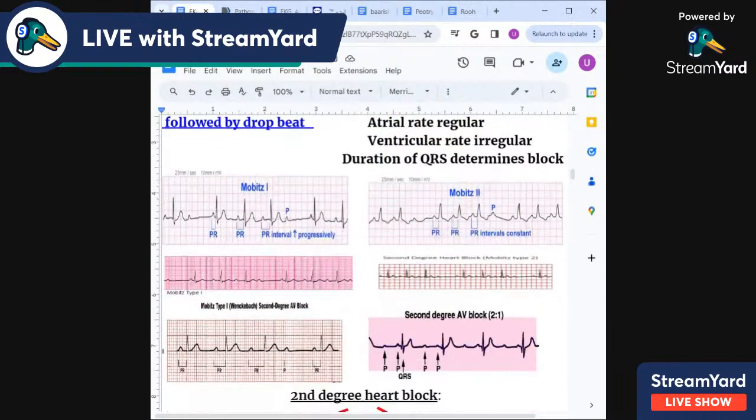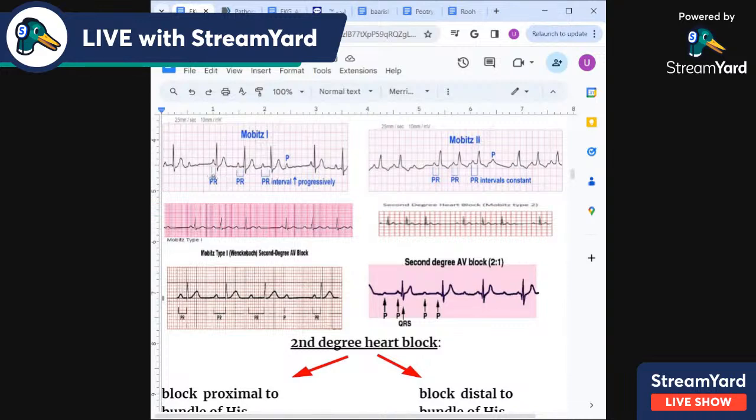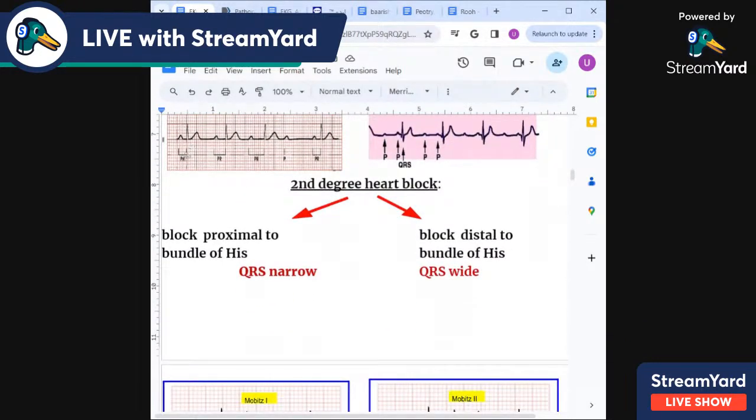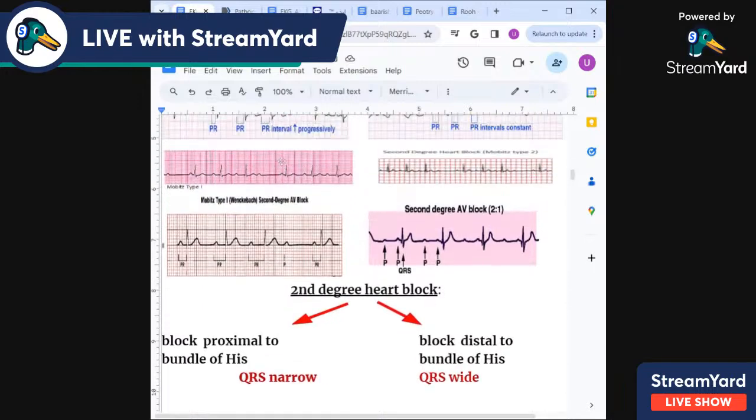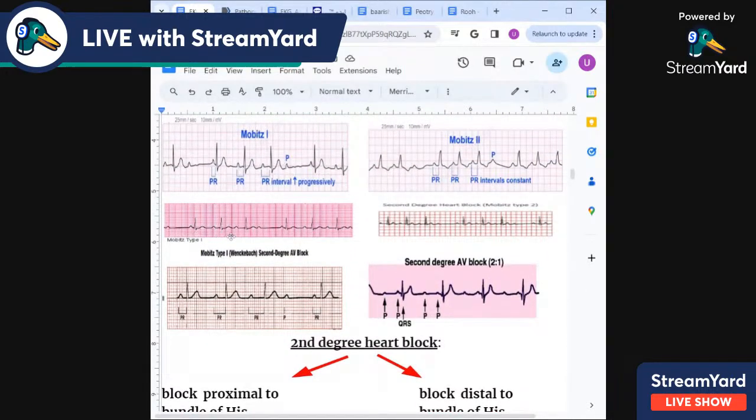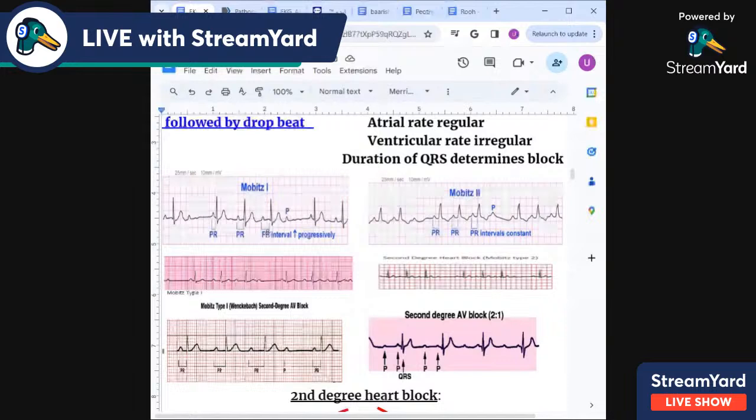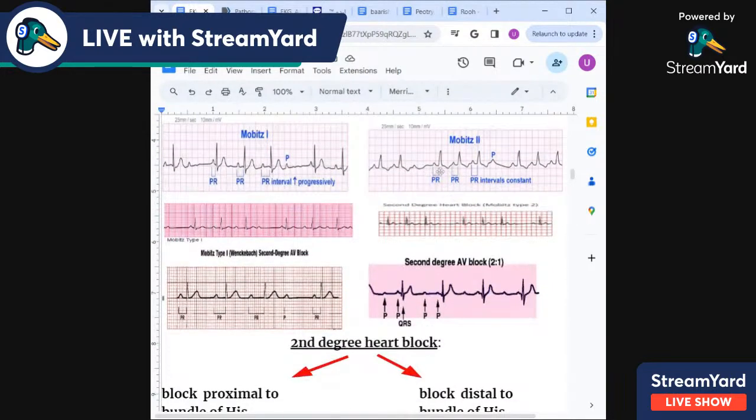In Mobitz type 1, there is a progressively increasing PR interval. See here, the boxes for the PR interval as shown here. There is a progressively increasing PR interval in Mobitz type 1, followed by a drop beat. This is second degree heart block, with progressively increasing PR interval here on the left, and this one is a drop beat. Whereas in Mobitz type 2, there is a fixed PR interval.